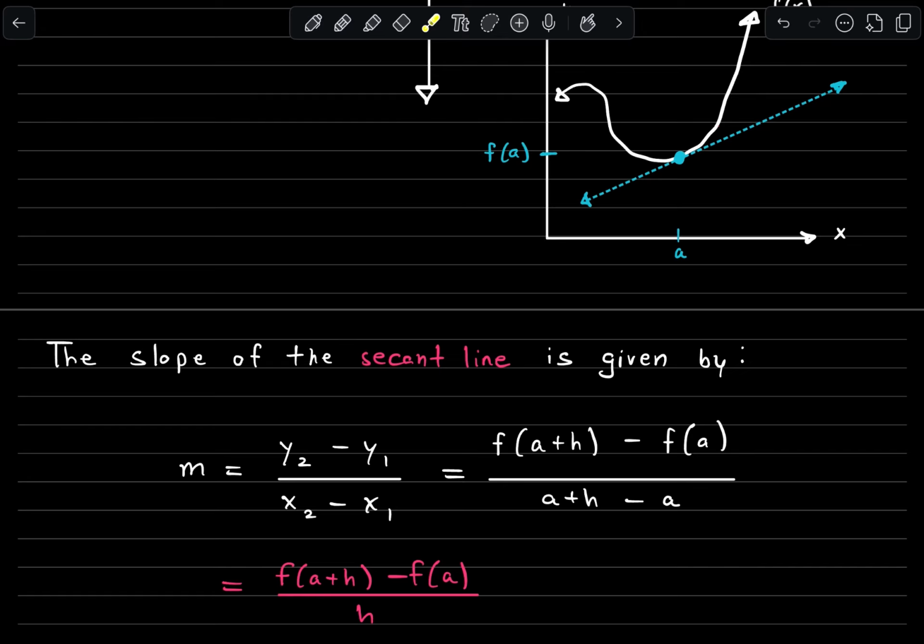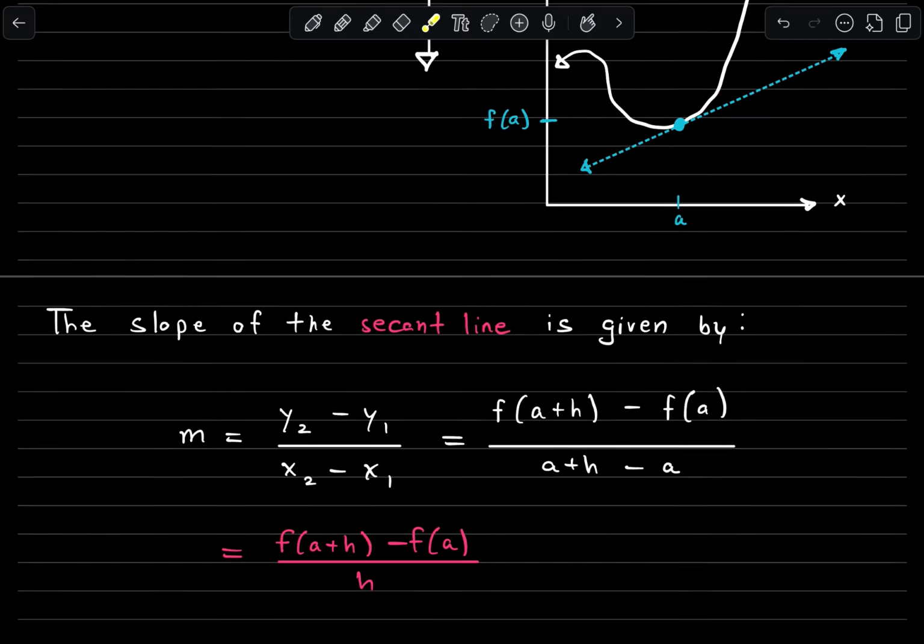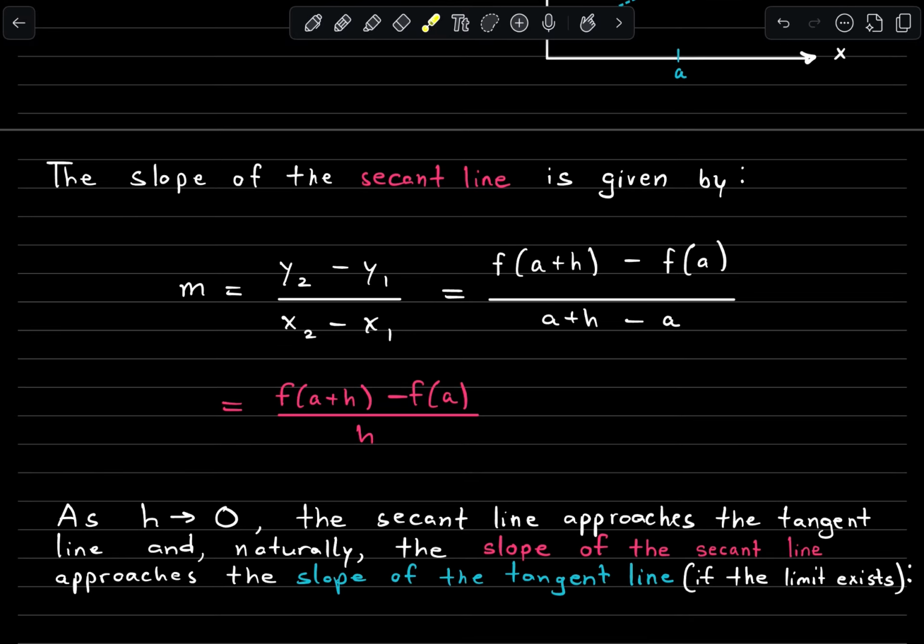And this is going to simplify on the bottom to just h. Your a terms will cancel. Okay, so as h approaches 0, the secant line approaches the tangent line, and just like we said, naturally the slope of the secant line approaches the slope of the tangent line, assuming that that limit exists.